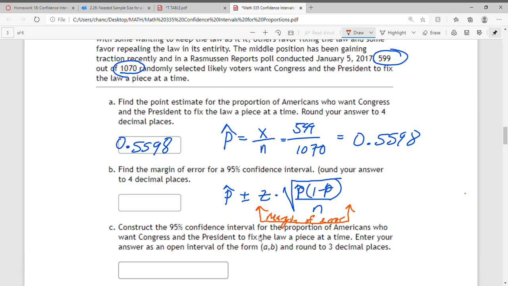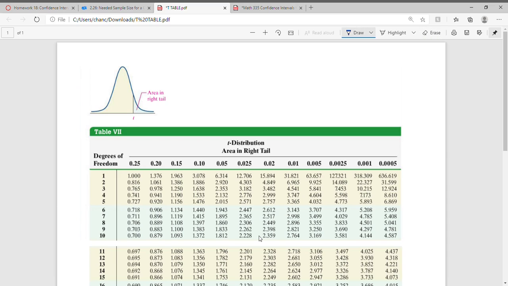So to calculate the margin of error, I need to find z. Let's go to our t table to find z. The column formula is equal to 1 minus the level of confidence divided by 2. So we are going to do 1 minus 0.95. We have a 95% level of confidence in this problem. And then we'll divide it by 2. This gives me 0.025.